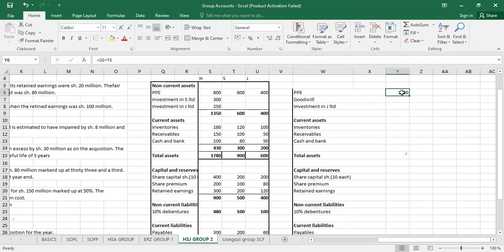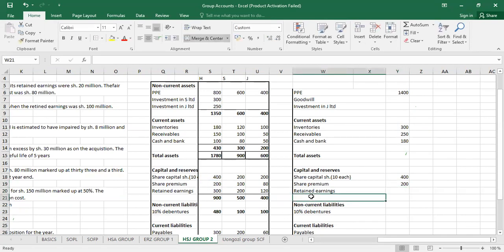So you can copy, Control C, then up to inventories, Control V, then you drag, isn't it? Control C, you copy the same thing. So remember, it doesn't come here under share capital. So here you equal only the parent, isn't it? Share premium only the parent.